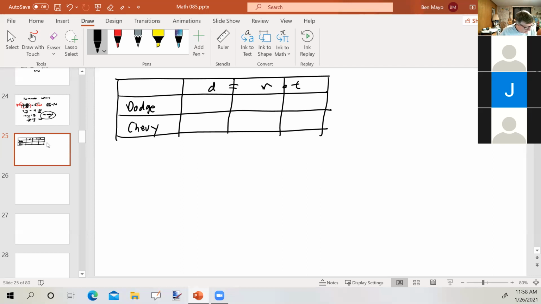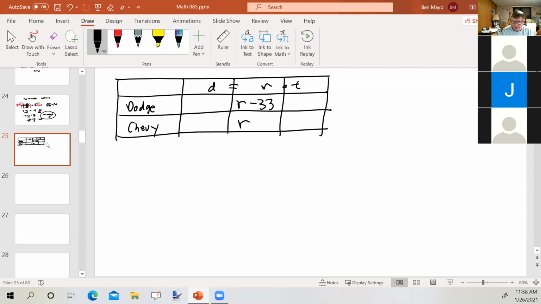Okay. Now, it says the top speed of a Dodge Charger is 33 miles per hour less than the top speed of the Chevy. So if the Chevy's speed is R, 33 miles an hour less than that would be R minus 33.